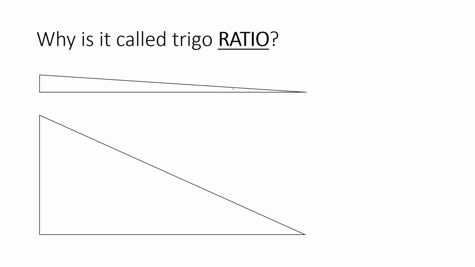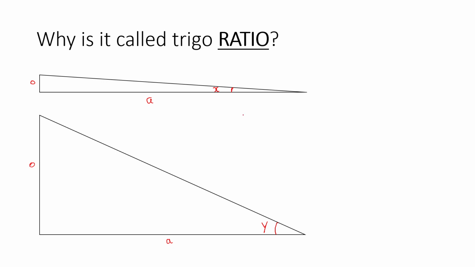Let's call this angle X and call this angle Y. Now, as you can see, the adjacent length of angle X and angle Y is the same. However, the opposite side is of different length.